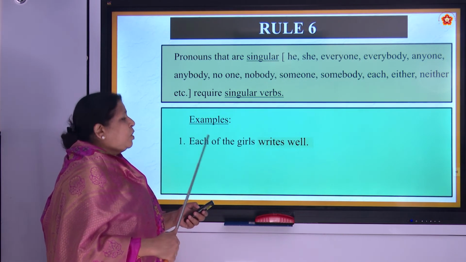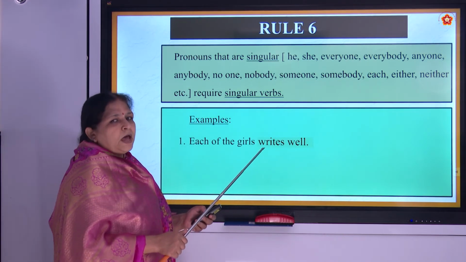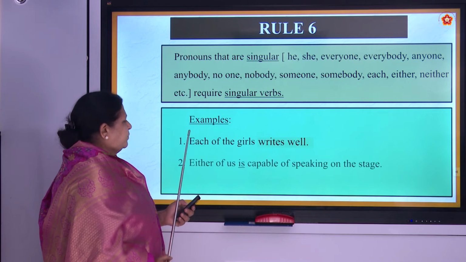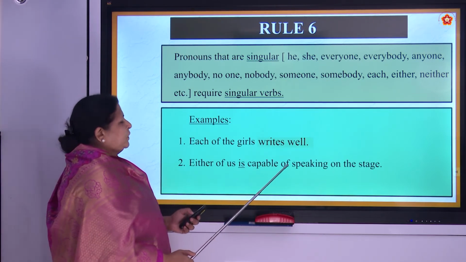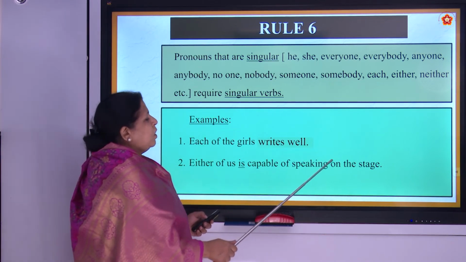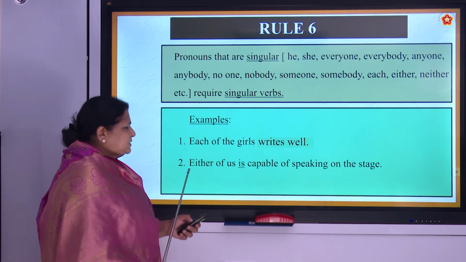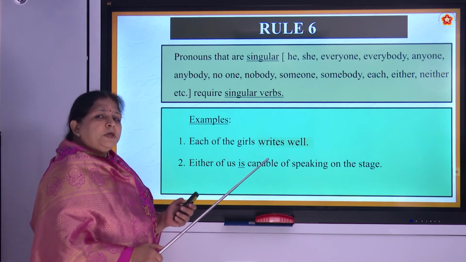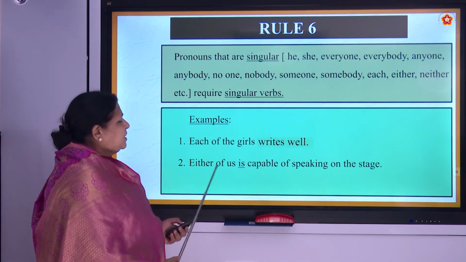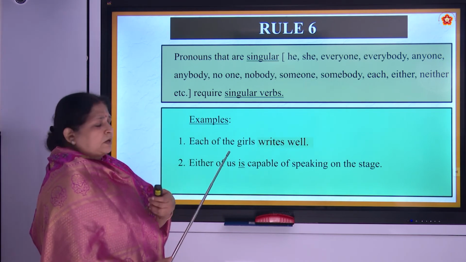Each of the girls writes well. Either of us is capable of speaking on the stage. So you are saying anybody among us is capable of speaking on the stage. So either of us, so anybody, it can be.